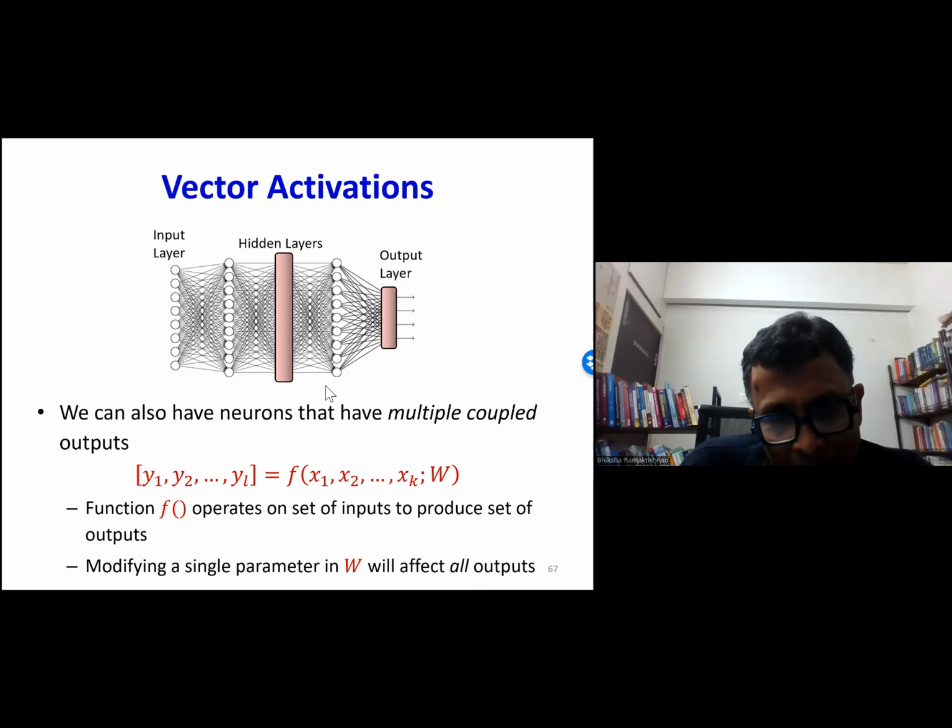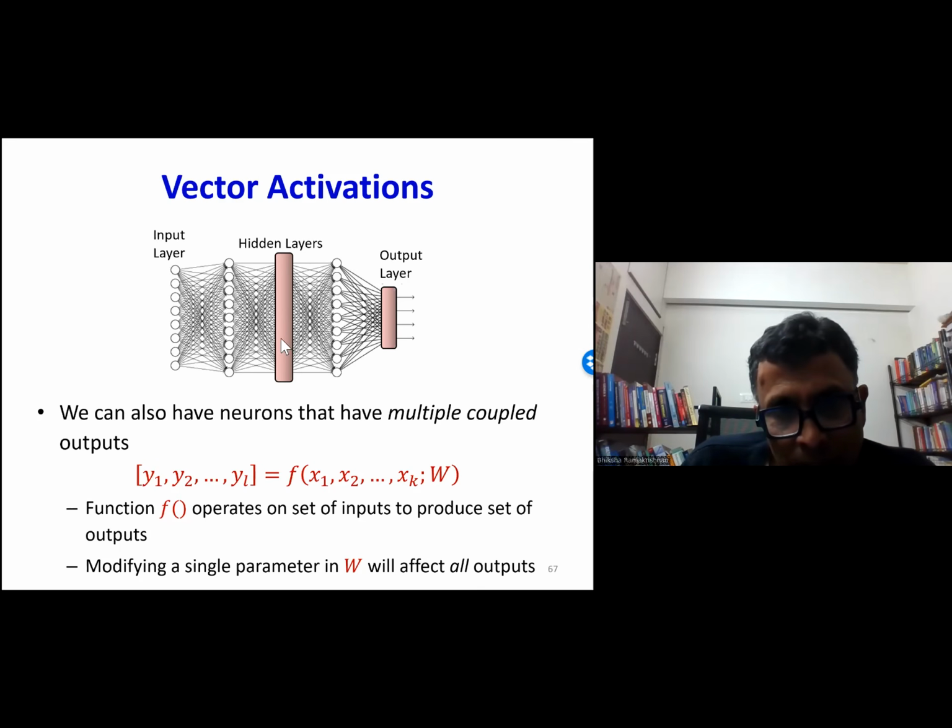So to get a better idea, compare these two blocks. In this one where all the neurons are separate, if I change this weight, only the input to this neuron will change, and so only this output will change. The outputs of these guys will not change. Whereas in this block, because they're all operating together, if I change this weight, every single one of the outputs will change. So we call this vector activations, which receive a vector of inputs and generate a vector of outputs.